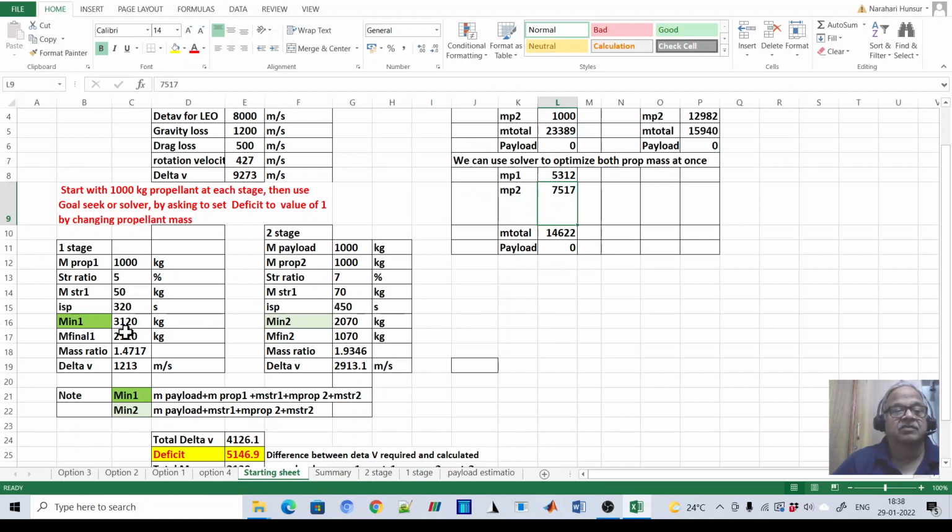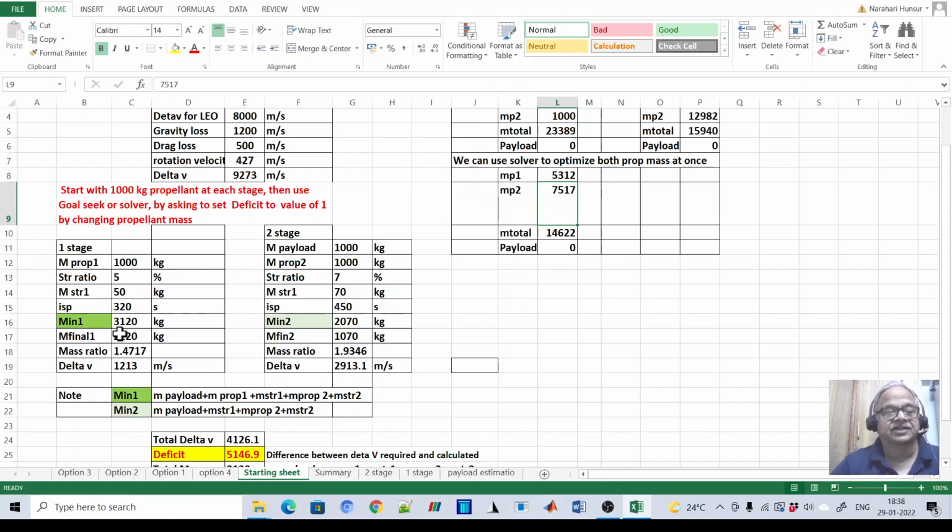Now the initial mass of the first stage is a little tricky. We have to be careful while doing this. That's why I've highlighted this in green and explained it here. The initial mass of the first stage is the mass of the payload, the mass of the propellant of the first stage, the structure mass of the first stage, plus the mass of the entire second stage, that is the mass of the propellant of the second stage and the structure of the second stage.